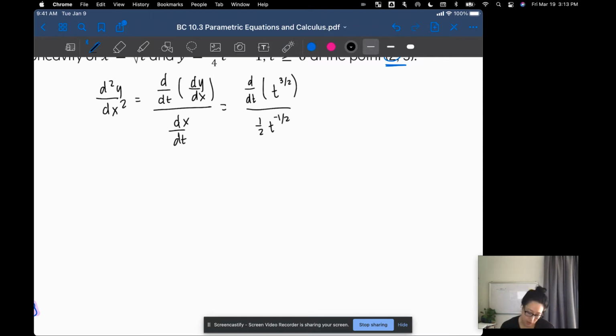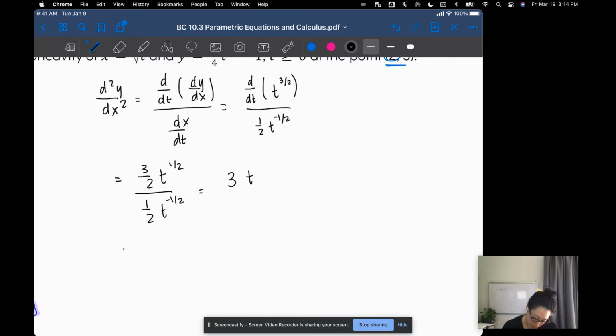We take the derivative with respect to time, so I end up with 3 halves t to the 1/2 over 1/2 t to the negative 1/2. We subtract the exponents: 1/2 minus negative 1/2 is 1, and 3 halves over 1/2 is just 3.